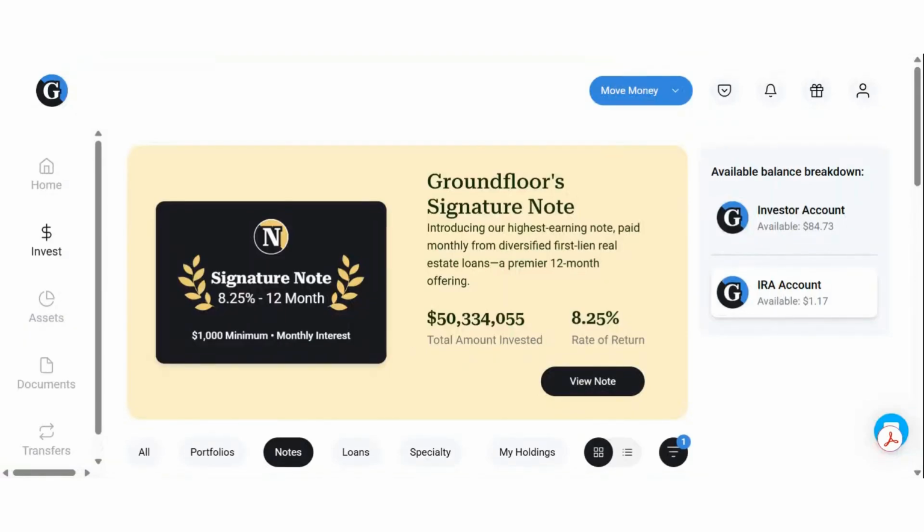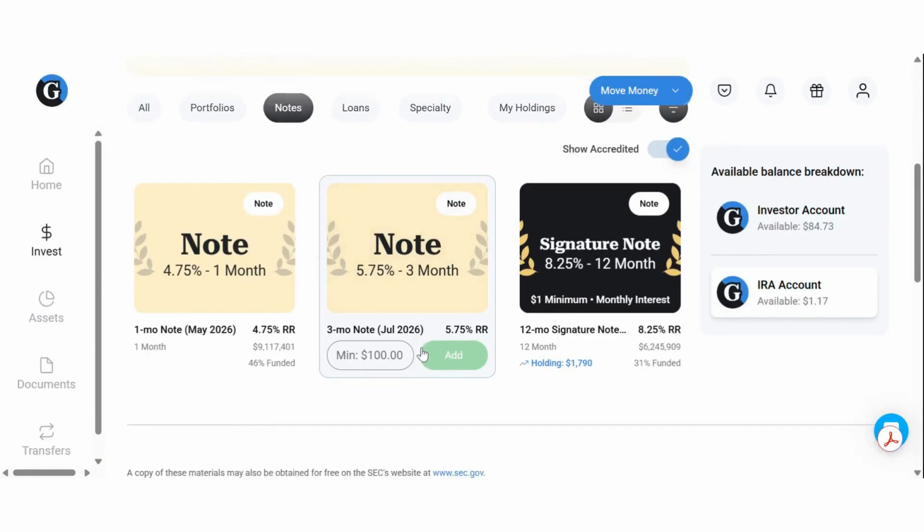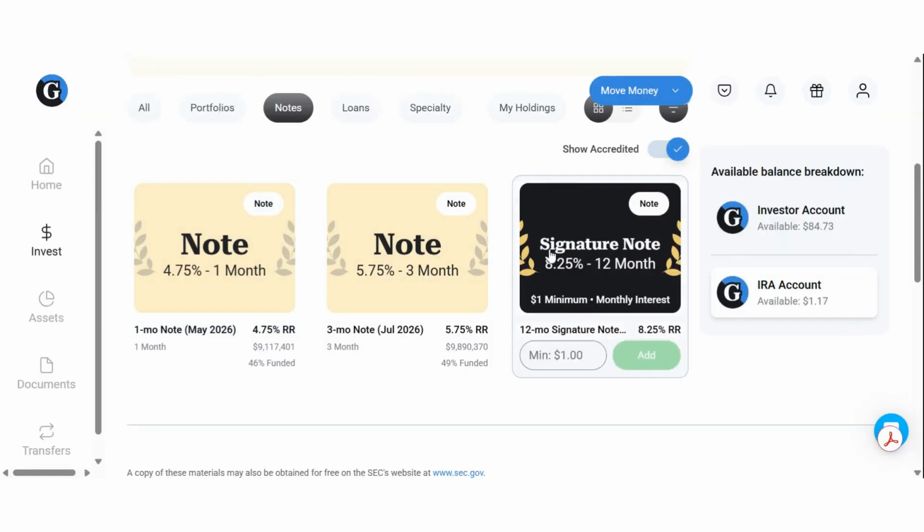If you're not into looking at a whole bunch of individual loans, this was their next investment product that they came out with, which was the note. The note is exactly like a bank CD, or a bank certificate of deposit, where you put a certain amount of money in and it is locked in for a very specific amount of time. In this case, they have 1 month, 3 month, and 12 month, and you can see the expected rate of returns on all of them.